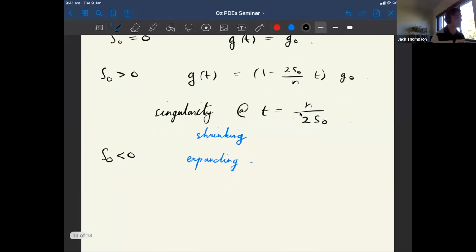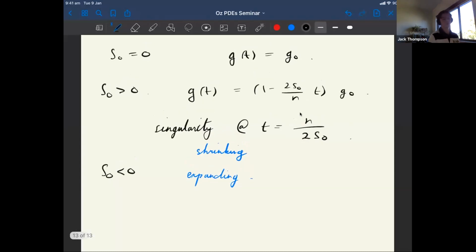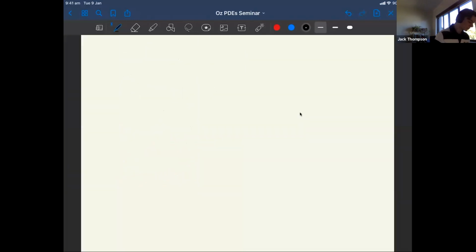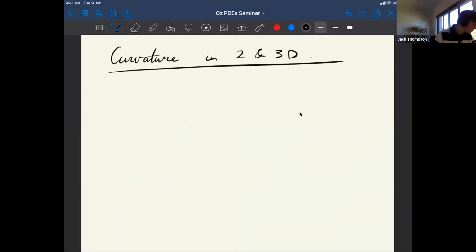And I guess maybe 3 dimensions is particularly important because one of the big uses of Ricci flow was to prove the Poincare conjecture, which was a statement in 3 dimensions. So let's start with 2 dimensions.